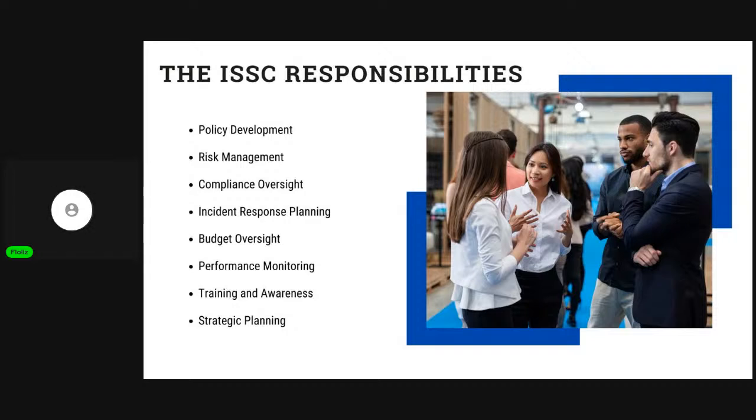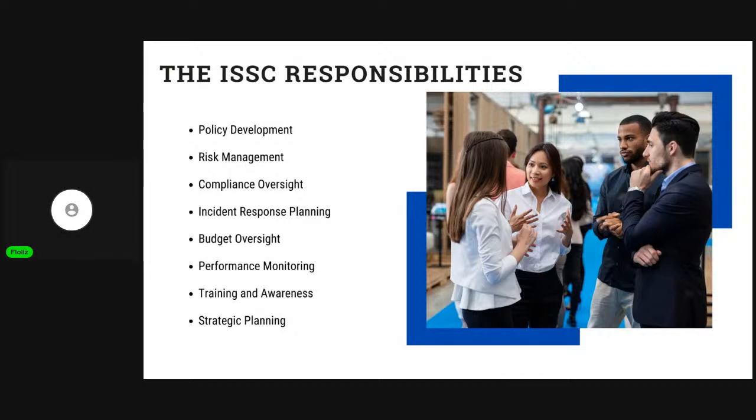So the committee will look at all the policies that have been developed and see if it is relevant to the institution, and where need be, they can add their own idea to that policy so that it can reflect the reality within that institution.